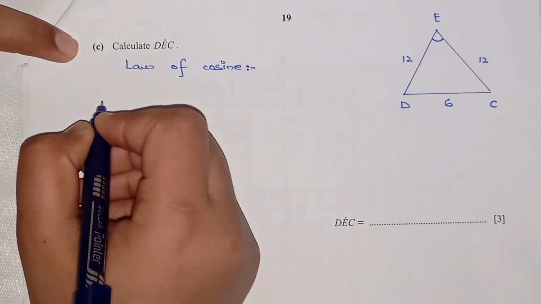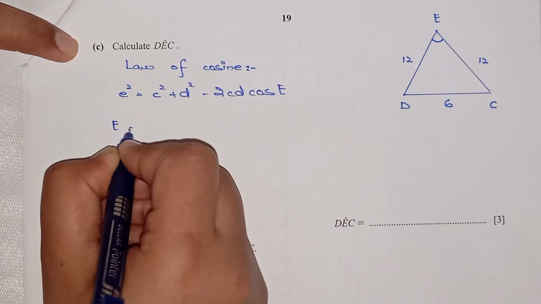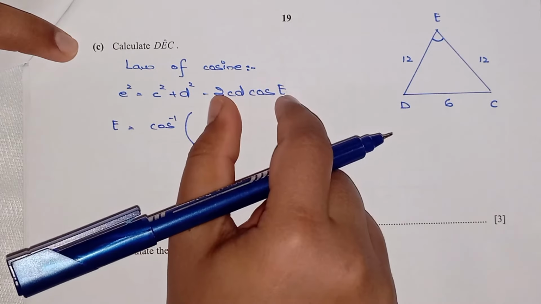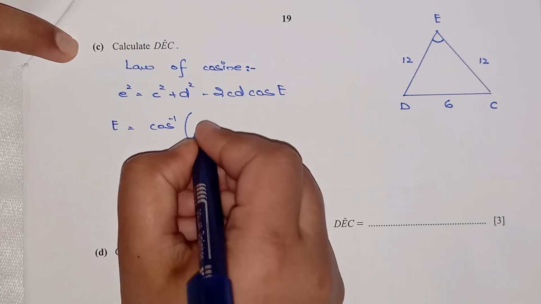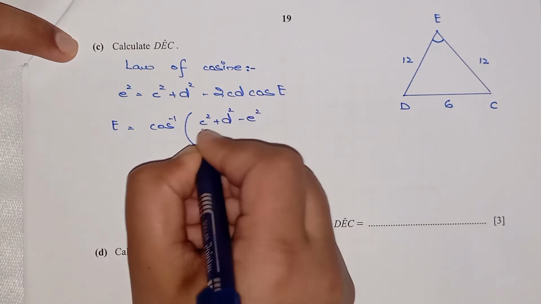We need to find E. So E square would be equal to C square plus D square minus 2CD cos E. So for E, we can say cos inverse of, shifting this term over, C square plus D square minus E square divided by 2CD.